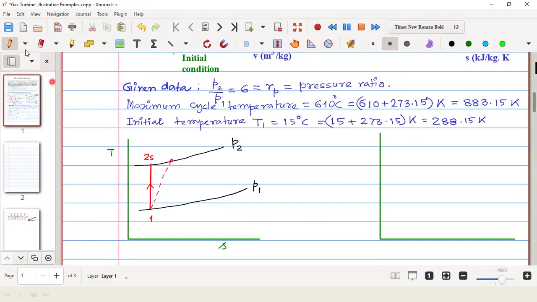So it is like this. So now we will write here 2A, meaning actual process.